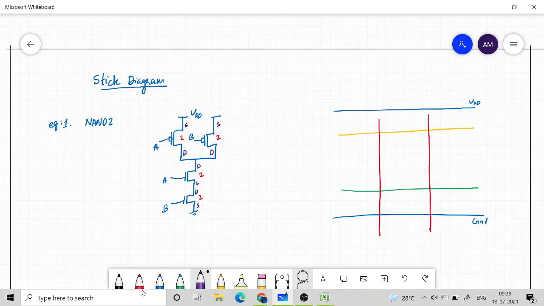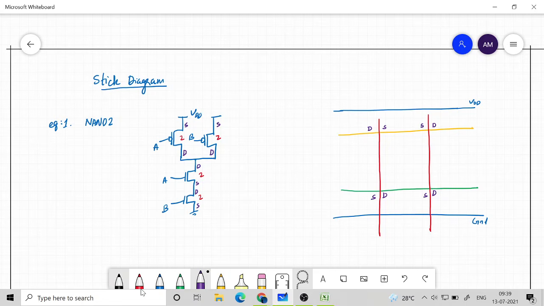So we will say this is our drain, and automatically this will become source, and the sources are connected, and then this will be our drain. Similarly, this is drain, and then this will be source, and this will be drain and this will be source.